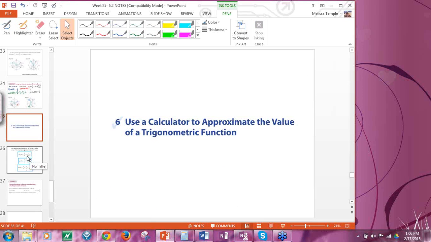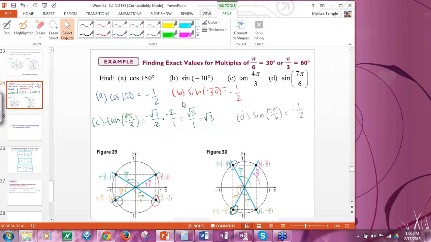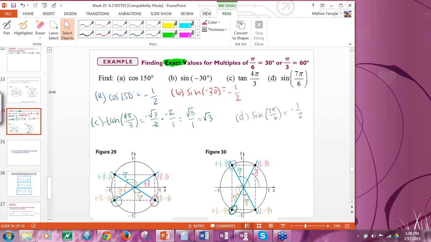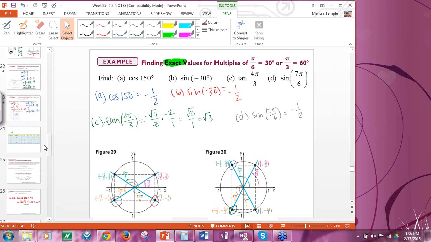So, in the beginning, Austin said, can't we just use our calculators for this? It depends. Now notice, in this case, square root of 3 is an irrational number. So when it says find the exact values, you have to leave it as square root of whatever you have. And we have a lot of irrational values, a lot of square roots when we're working with trig functions.